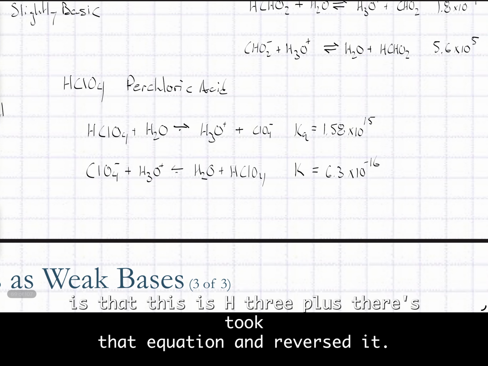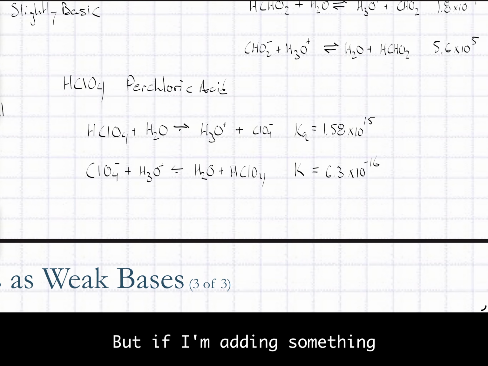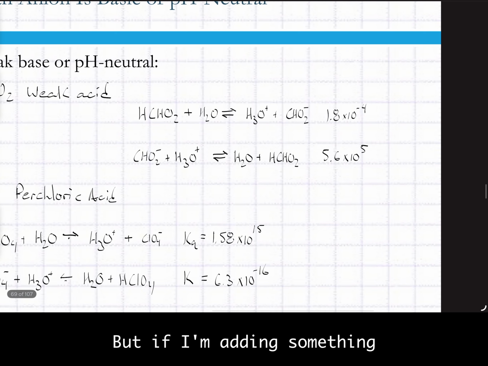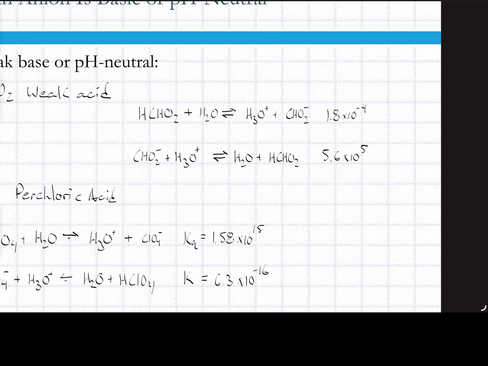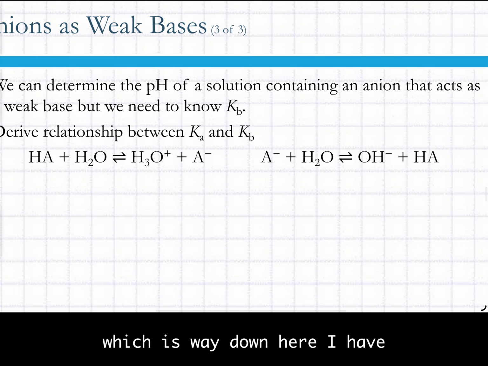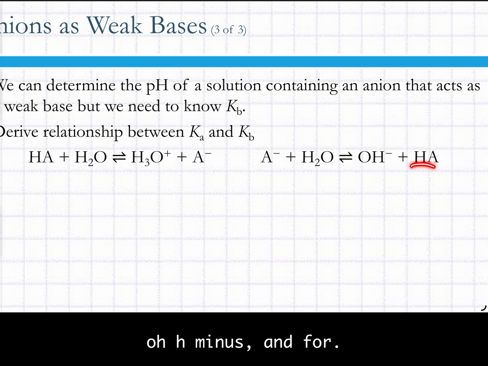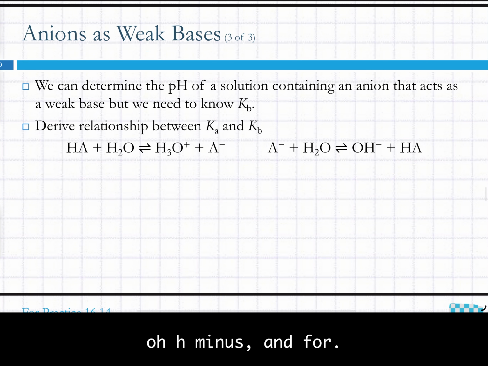So I just took that equation and reversed it. But if I'm adding something that would act as a base, Kb is not the base reacting with H3O+, it's the base reacting with water, which is why down here I have A- plus H2O gives me OH- and HA.